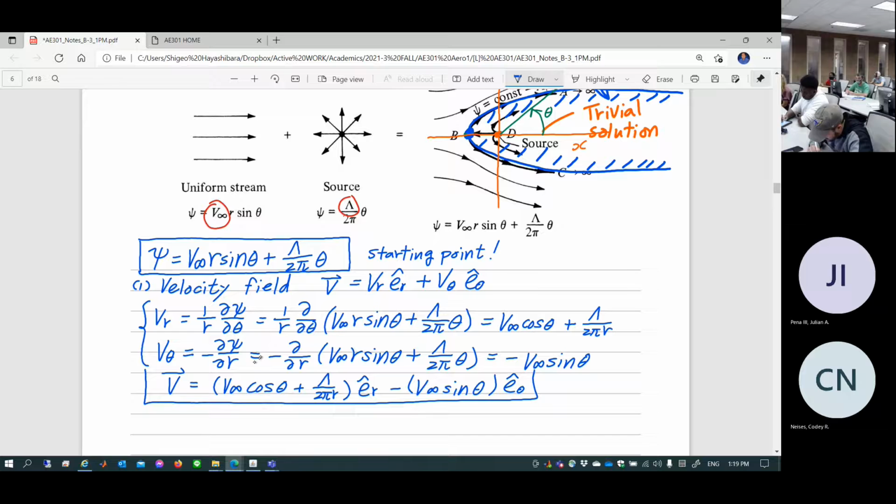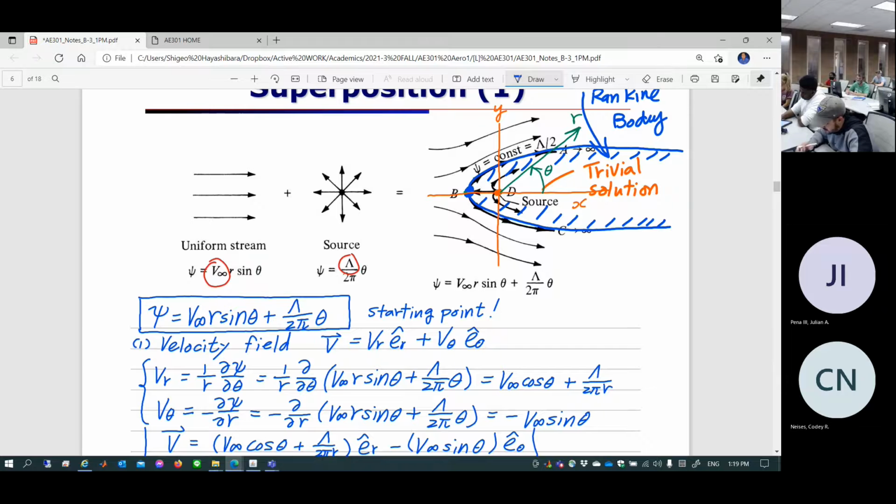Quite important. What is the next step, you think? I think usually the next step is I'm interested in the location where the velocity becomes zero, something called a stagnation point. This is something we are really interested in. Suppose you're simulating the flow over some kind of body, the stagnation point usually comes in handy.